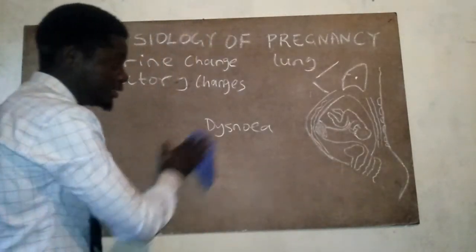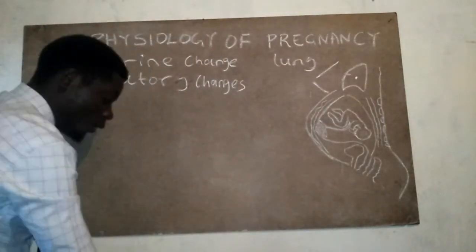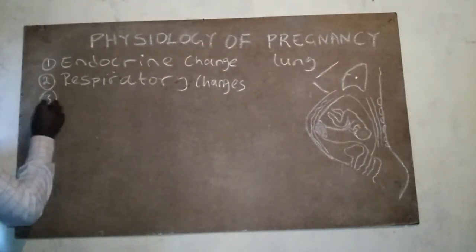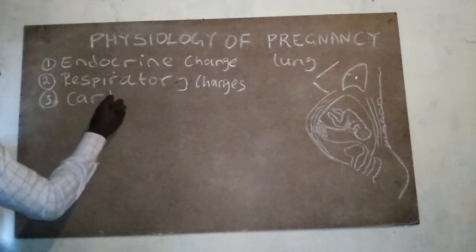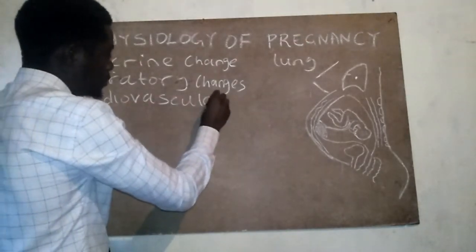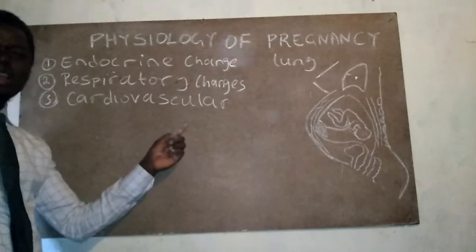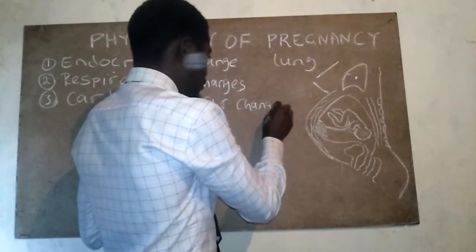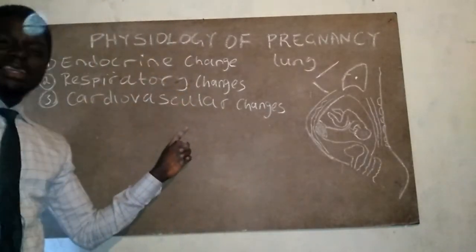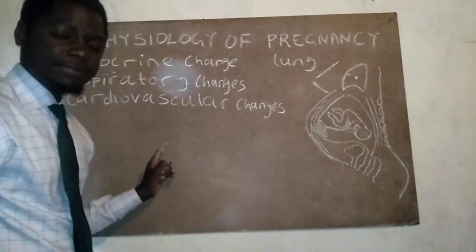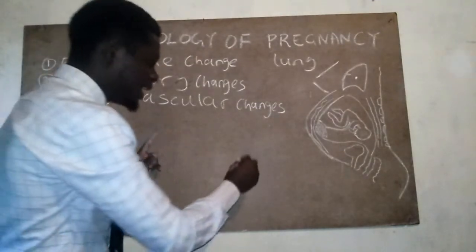Now, as well as that, we also have the cardiovascular changes. In cardiovascular changes, we expect the blood to go high. So there's going to be an increase in blood.